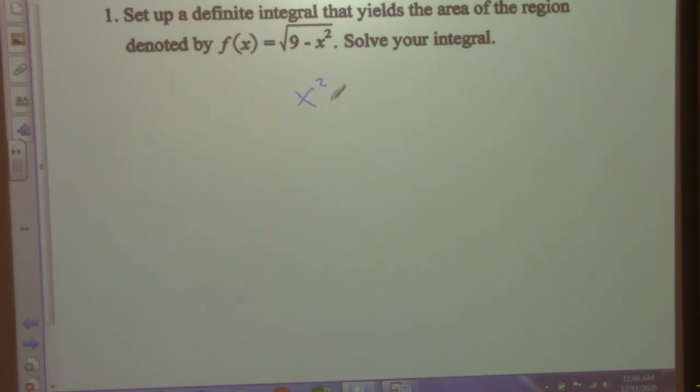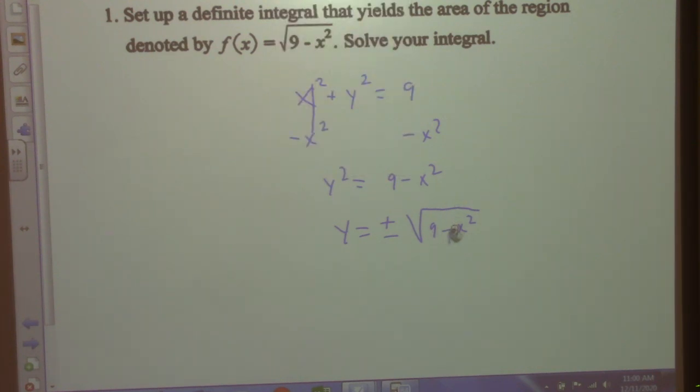If we have x squared plus y squared equal to 9, because the circle is x squared plus y squared equals r squared, and we solve for y, we get y squared is equal to 9 minus x squared, and so y is equal to plus or minus the square root of 9 minus x squared. And so that's where we know we have a circle with a radius of 3.